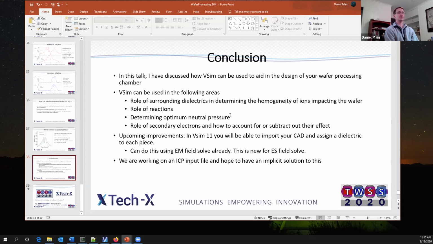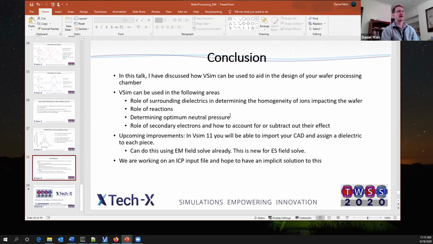And just as a teaser, we will have in VSim-11 the ability to import your CAD and assign dielectrics to your pieces. Because we recognize that these focus ring geometries can be very complex, and using the methods that we have been using to get the dielectric constants correct isn't feasible.